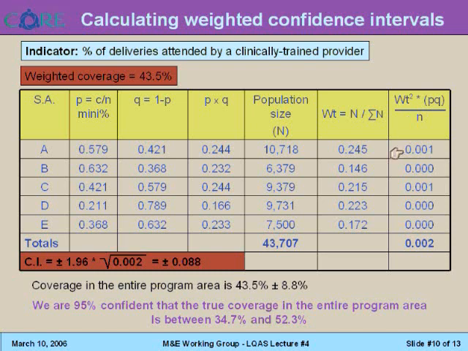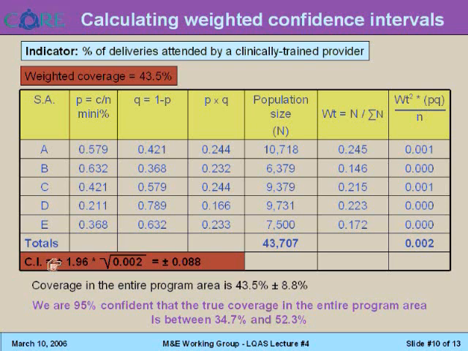This procedure results in very small values that have more than 3 decimal places. That's why some of the values shown in the table are 0. The actual values of these very small decimals are located in the 4th decimal place, which is not shown. When they are added together, they result in a value of 0.002. The final step is to multiply the square root of 0.002 by 1.96.